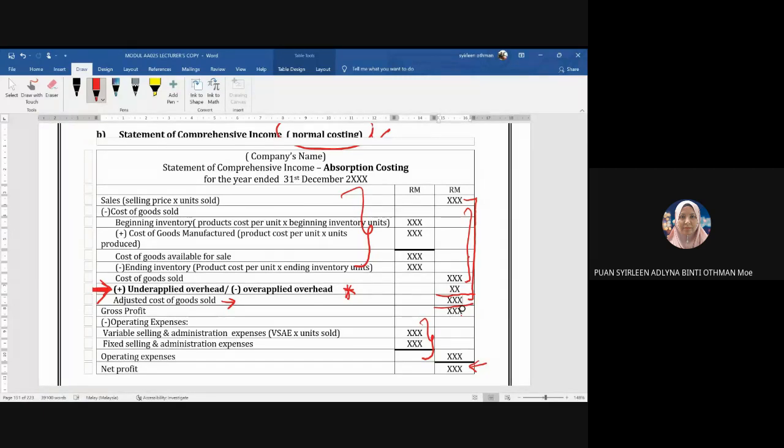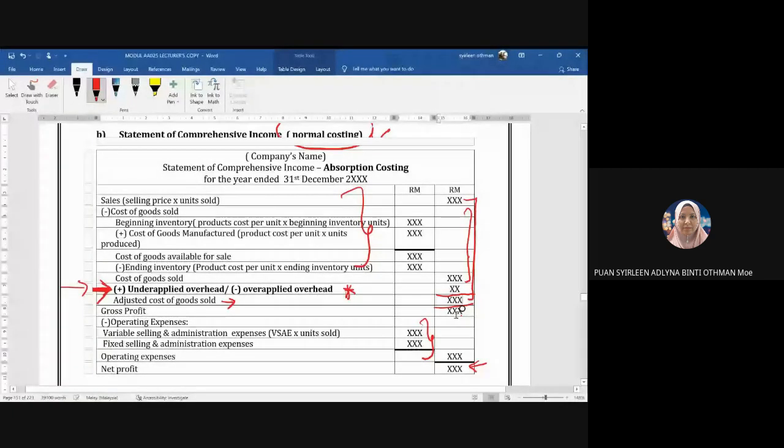Jadi bila you buat adjustment dalam bentuk general journal tu, you tak ada tempat lagi nak posting ke ledger. So the only place yang you boleh bawa adjustment tu ialah di income statement. So that is why what you adjusted in your general journal akan dibawa ke sini sahaja. Dia tak akan pergi ledger. Sebab ledger dah baki dah tutup dah dibawa ke penyata pendapatan ataupun baki dia dah dibawa ke baki akhir.